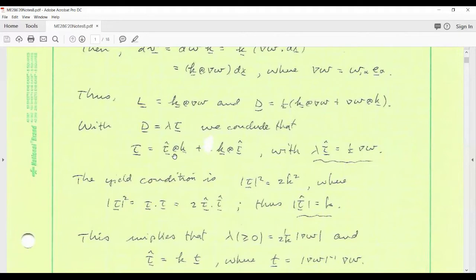That's just tau inner product with itself. I'll let you do that. Take the inner product of this with itself. Because k is a unit vector, you get 2 times the vector product of tau hat with itself. And then this criterion says that you have yield when the norm of tau hat is equal to k. So you can think of tau hat as containing the shear stresses, which would be, say, T31 and T32. So tau hat is the vector T31 e1 plus T32 e2.